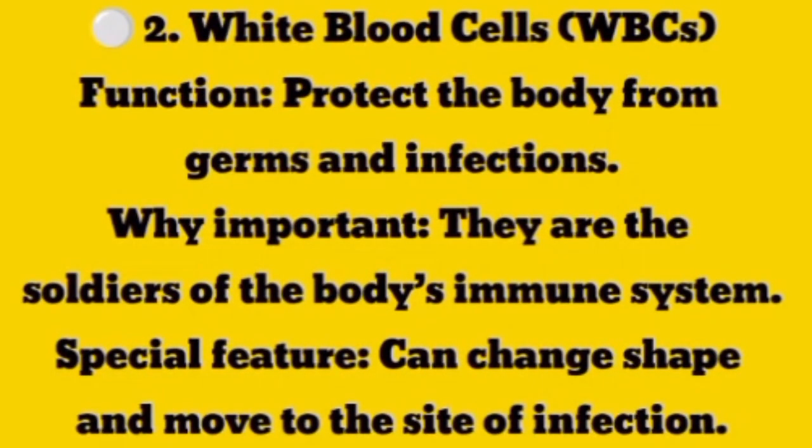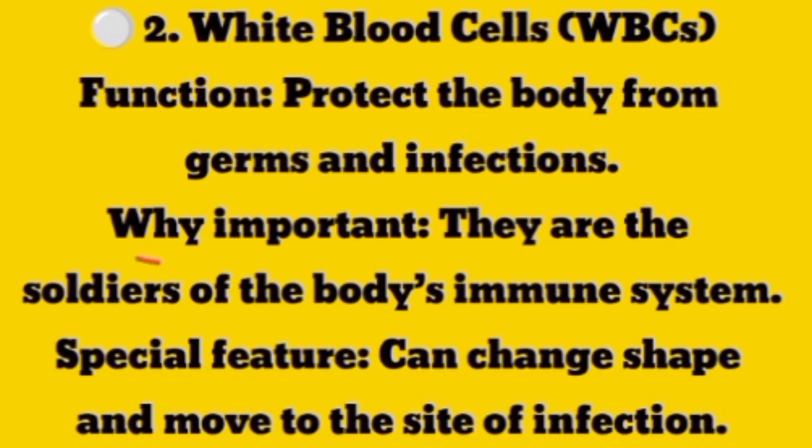Next we will discuss white blood cells, WBCs. White blood cells protect the body from germs and infections. If any germ enters the body, white blood cells fight with the germs and help to kill it and remove it from the body. So we can say that they are the bodyguards of our body. They are soldiers of our body.